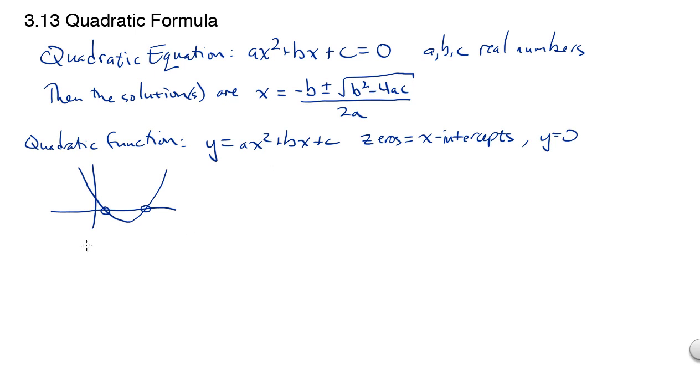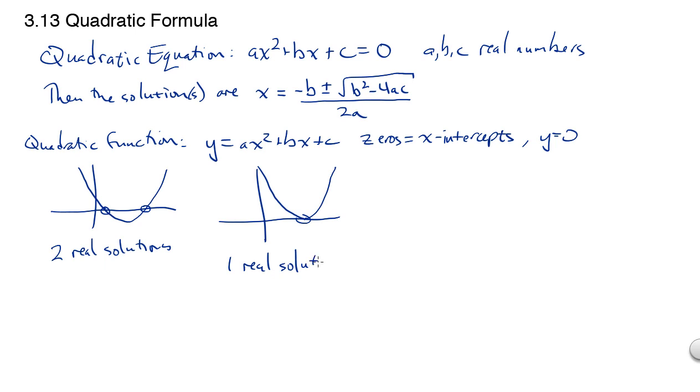So in this particular case, we have two places where the graph crosses the x-axis. So we would have two real number solutions. It could look like this, where the graph just basically kisses the x-axis, and that's one real solution.